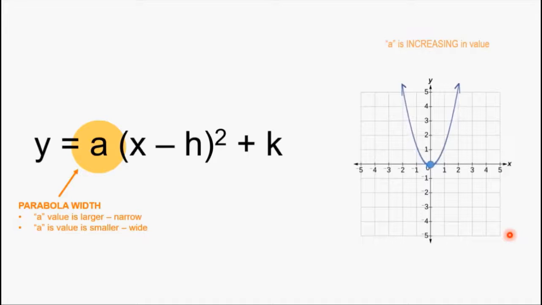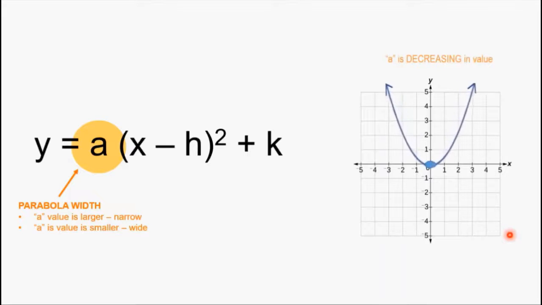Mas kumikitid siya. Mas lumiliit yung opening. And if a is decreasing in value naman, makukumpara mo yan kapag meron na tayong equation. So, if a is decreasing in value, ayan. Yung opening niya is lumalaki ng lumalaki.